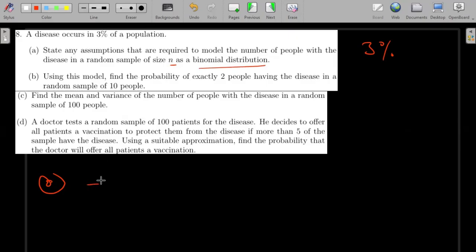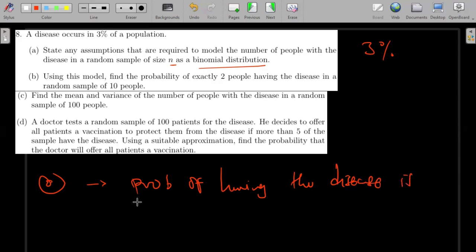Okay, so under the binomial distribution, we usually have 2 assumptions. Okay, one is that the probability of having the disease is independent. So this is the first assumption that we make whenever we are looking at the binomial distribution.